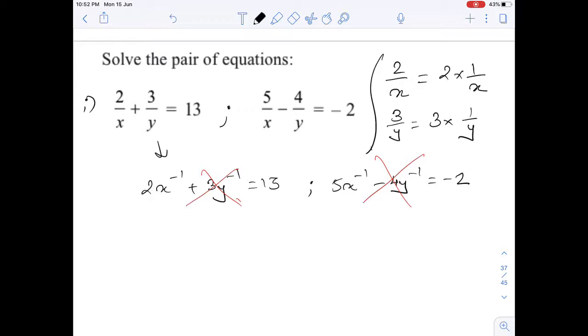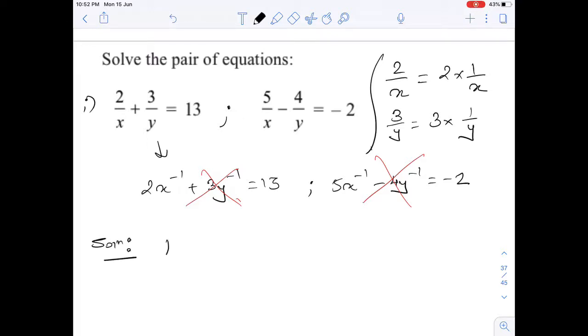Now we are going to substitute 1 upon x as a variable other than x, and 1 upon y as another variable, any variable other than these two alphabets. So let us try to solve it.